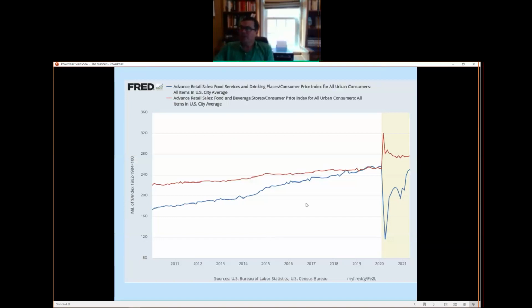It's kind of interesting. It shows you, so the red is food that Americans buy in stores. So food and liquor, basically, in grocery stores. That's what this is. And the blue is the same thing, food and liquor, but purchased in, it says, drinking places. So like restaurants.